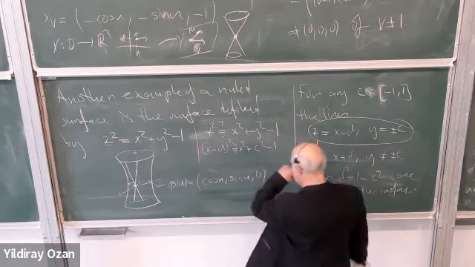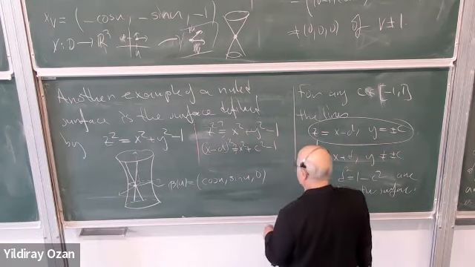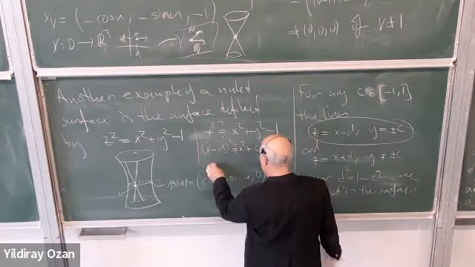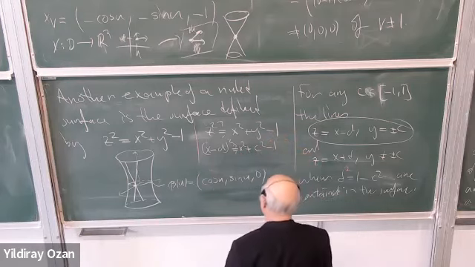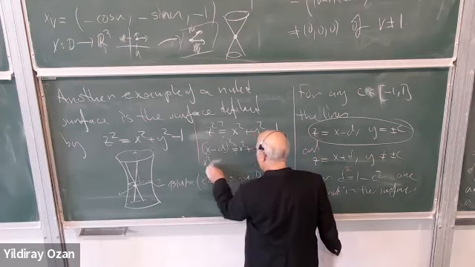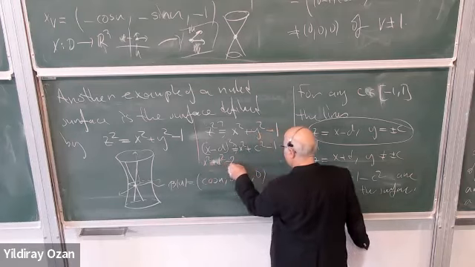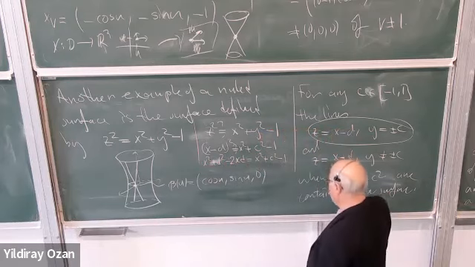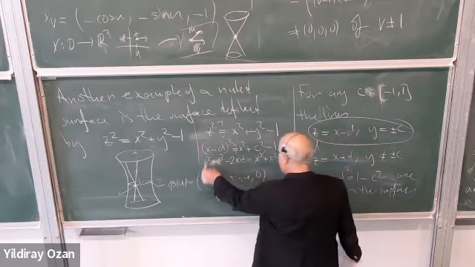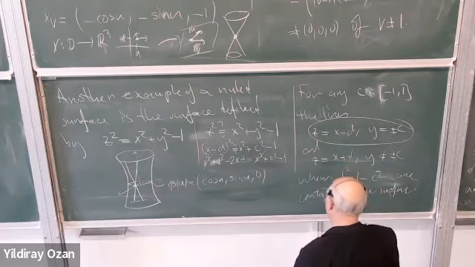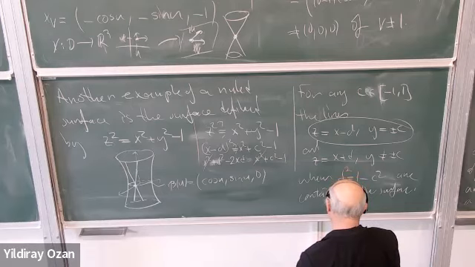So x squared minus 2xd plus d squared equals x squared plus c squared minus 1. So these are gone.